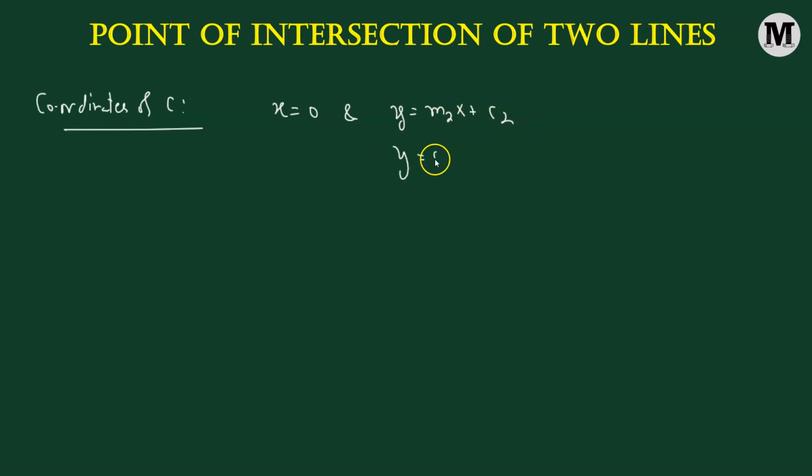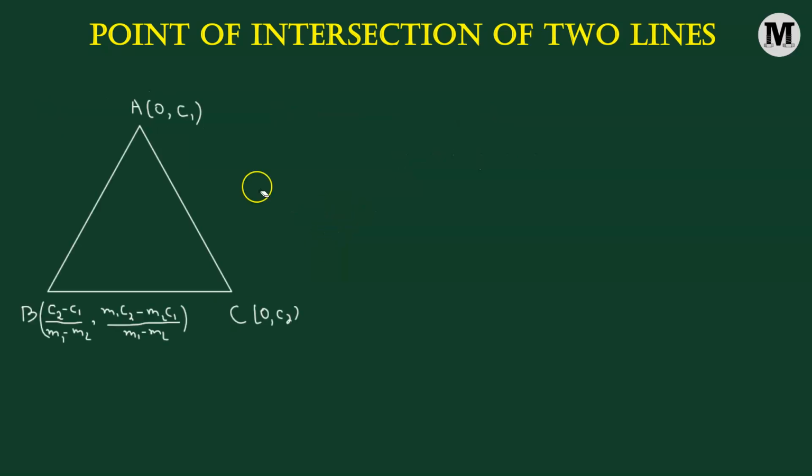So y equals 0 plus c2, which means y equals c2. So (0, c2) are the coordinates of the point C. Now we have the triangle where the coordinates of all the vertices are known. So we will find the area of the triangle ABC.